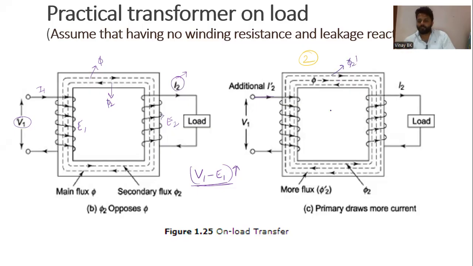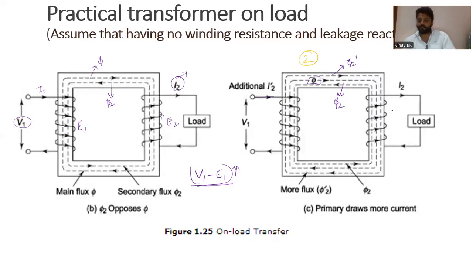So the flux produced due to the additional current of the primary winding opposes the flux produced due to the secondary winding of the transformer. Means that phi 2 dash is neutralizing phi 2, sorry, phi 2. Phi 2 dash is neutralizing phi 2 to maintain the main flux. To not disturb the main flux, we give additional current to the primary winding of the transformer.